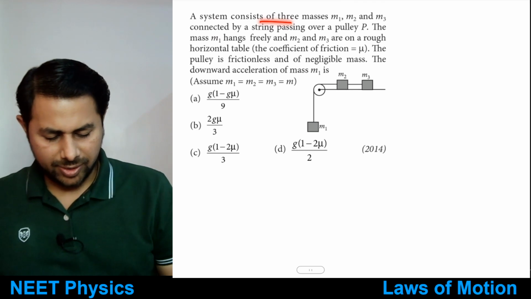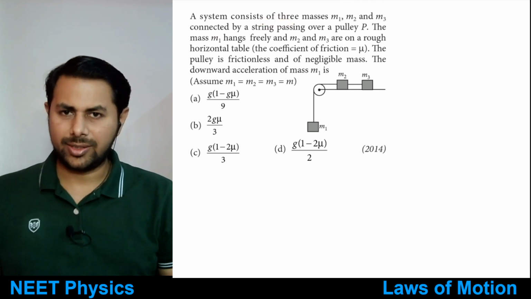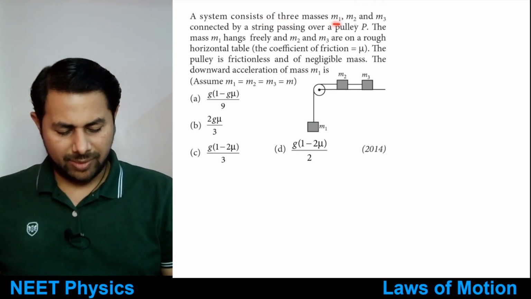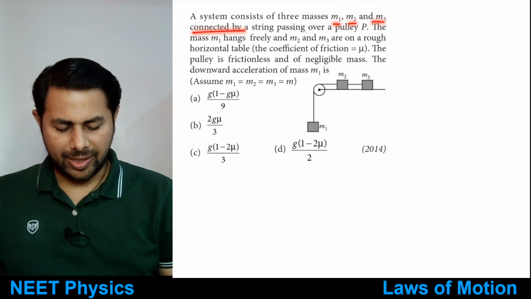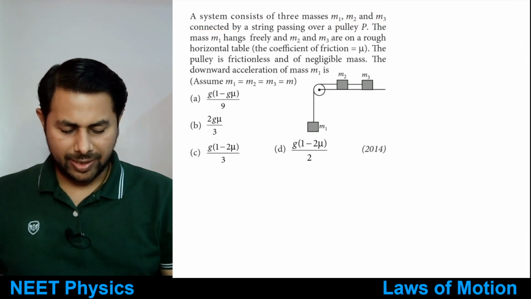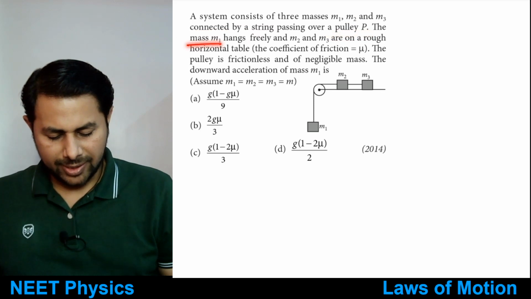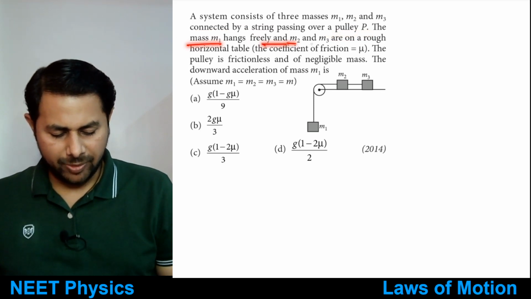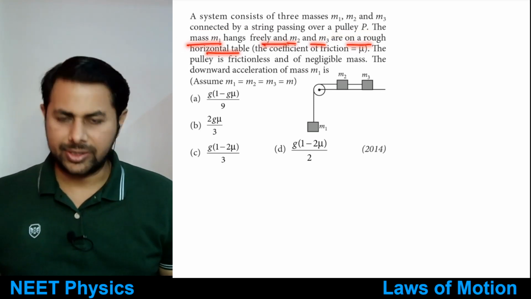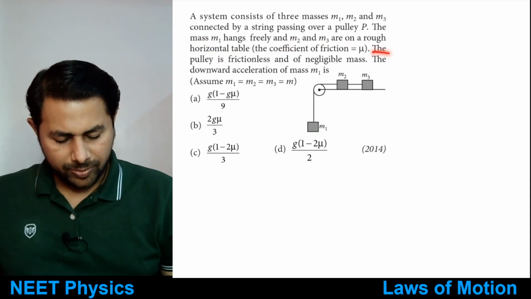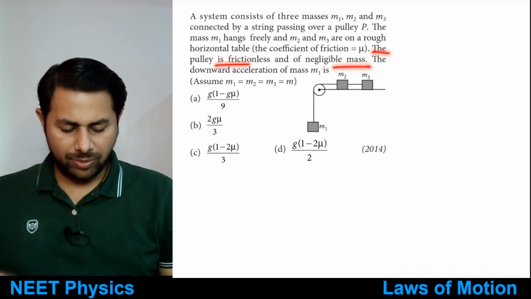A system consists of three masses, m1, m2 and m3, connected by a string passing over a pulley P. The mass m1 hangs freely and m2 and m3 are on the rough horizontal table. The pulley is frictionless and of negligible mass.